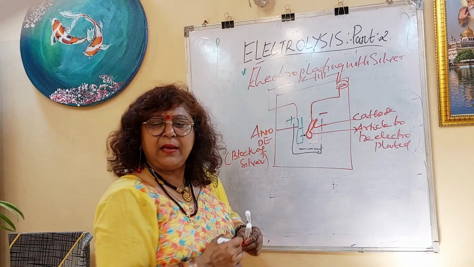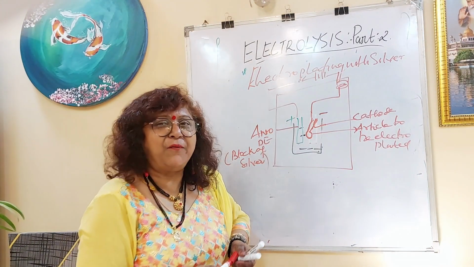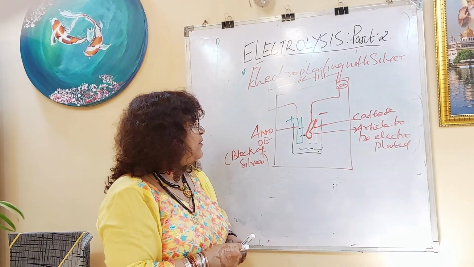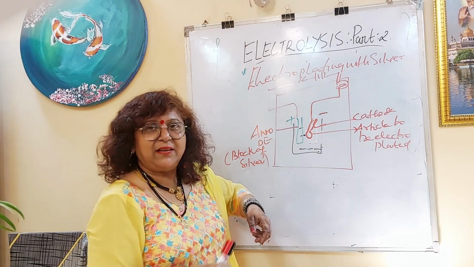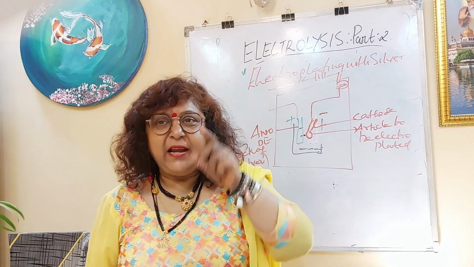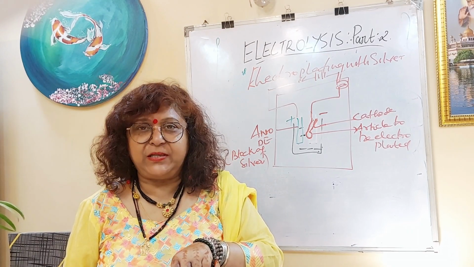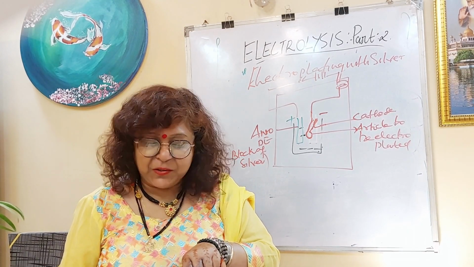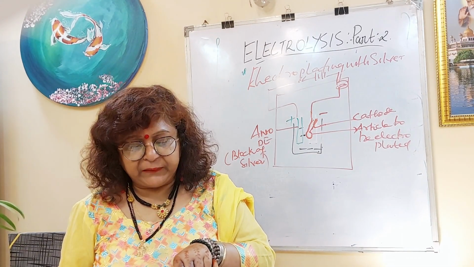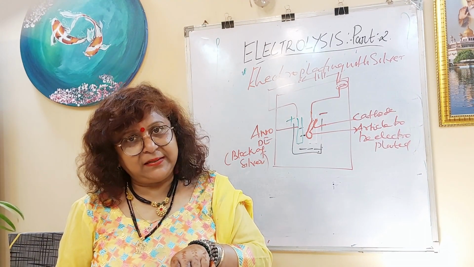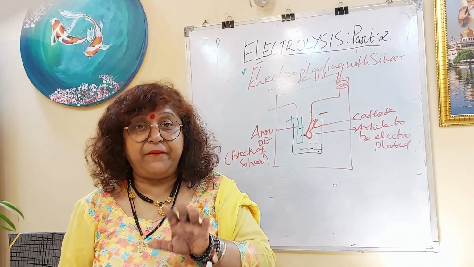Okay. So what features will you write here for this electrolysis, electroplating with silver? What will be your first point here? In order to get a perfect deposit of silver on a brass spoon, the spoon is first cleaned, washed with caustic soda and then hydrochloric acid. Why is this done? To remove the impurity found on it.